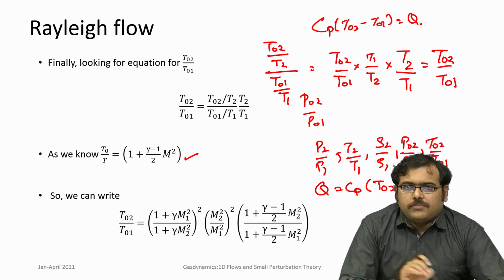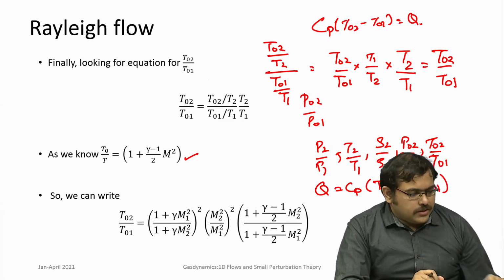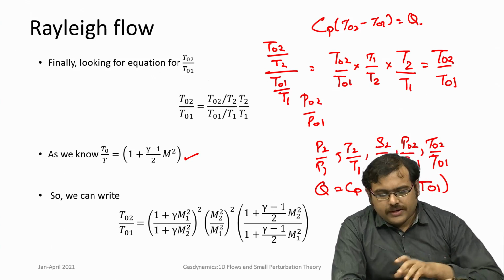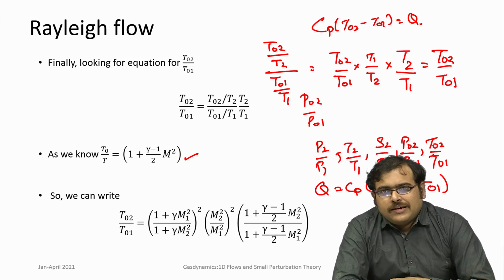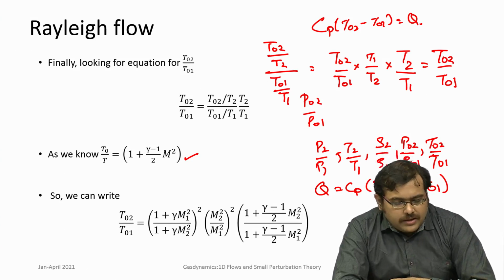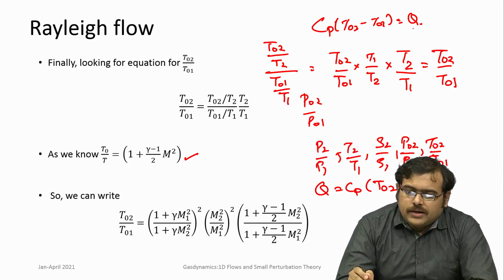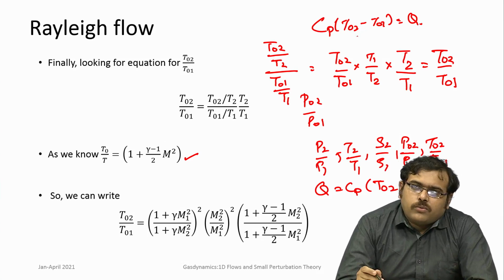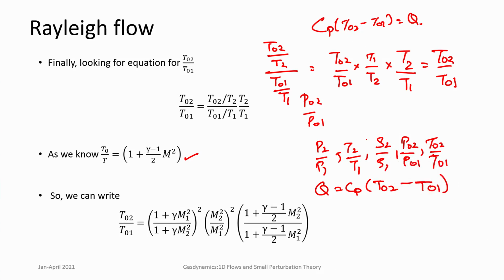So, when we solve some problems, this connection will become clear, but now if you look at these equations, it must be clear. Suppose all the initial values are given, you know M1, P1, T1, and you know the amount of heat added Q, then T02 can be found out, then T02 by T01 can be evaluated, M1 is known.